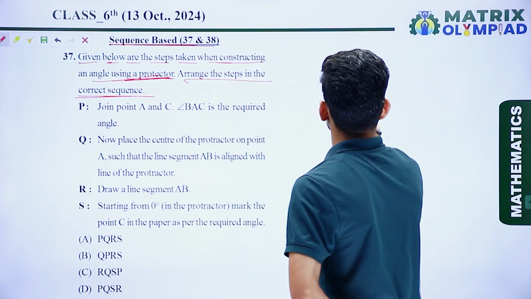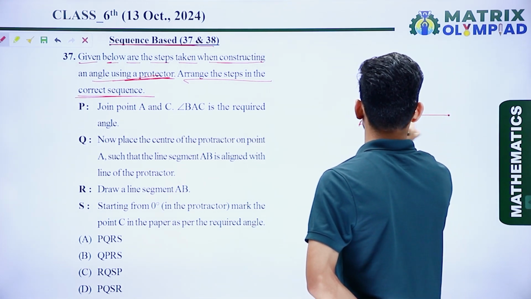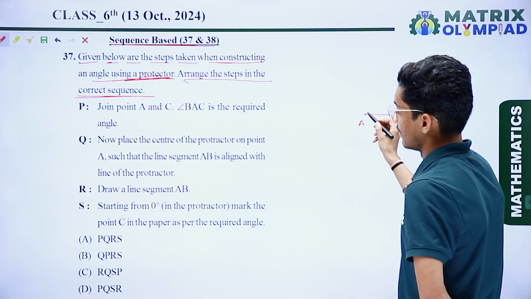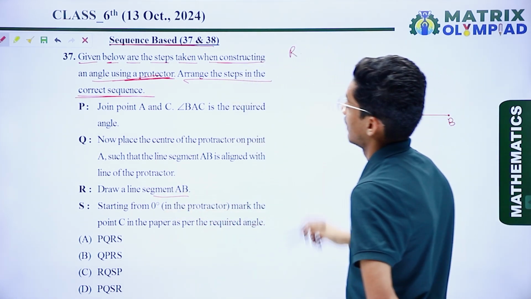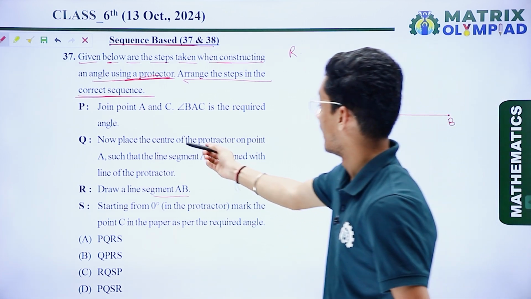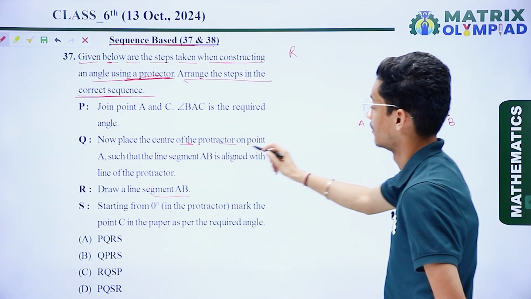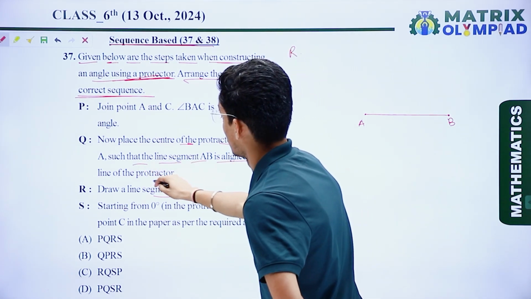So first we draw a line segment AB, and then place the center of the protractor on point A, such that the line segment AB is aligned with the line of the protractor.